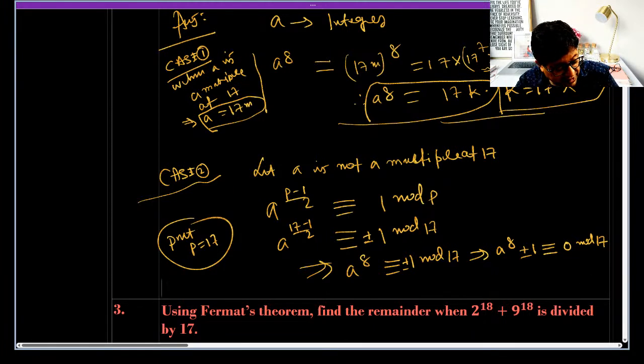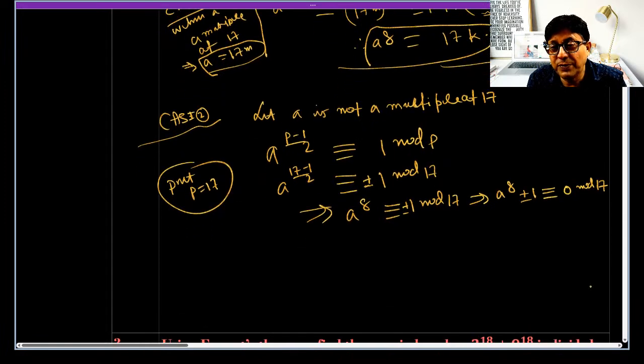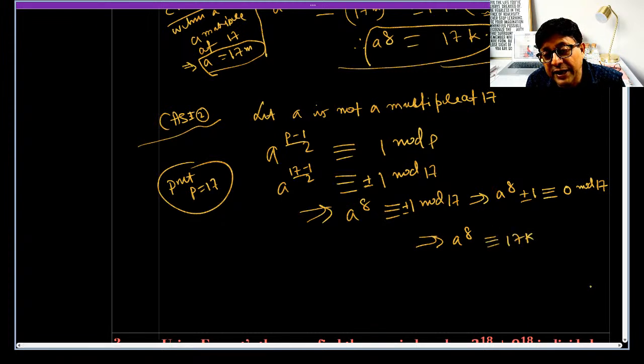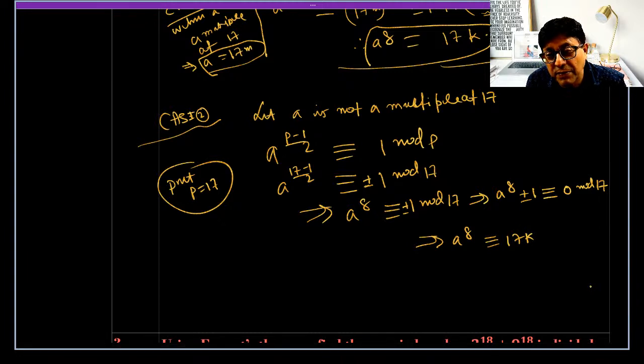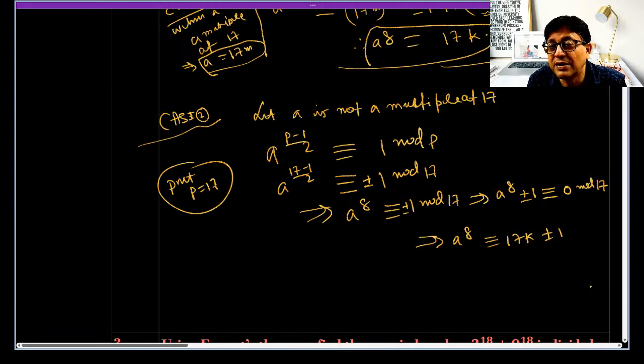So there a to the power 8 will be of the form 17k plus minus 1, isn't it? You write a to the power 8 plus minus 1 as a multiple of 17, you put 17k.